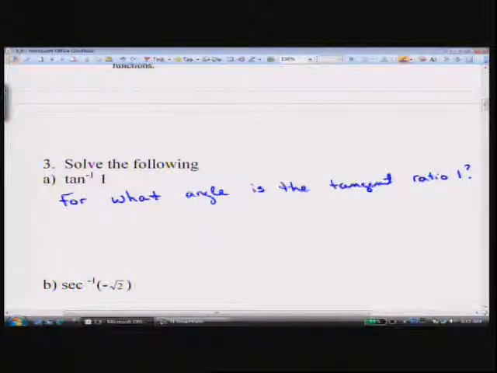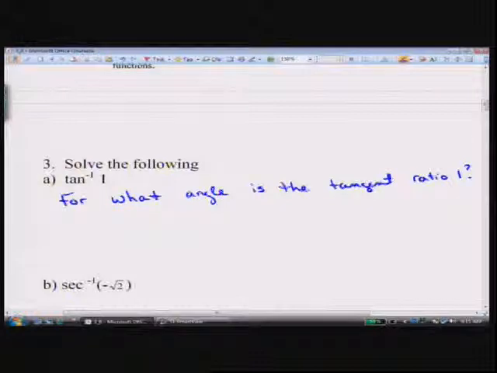Okay, so for what angle do you get a tangent ratio of 1? Think about your unit circle. When will the tangent ratio be 1? Anyone?